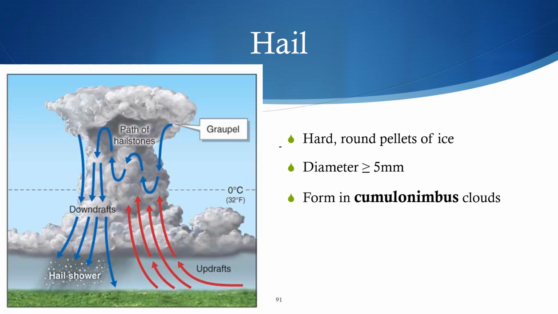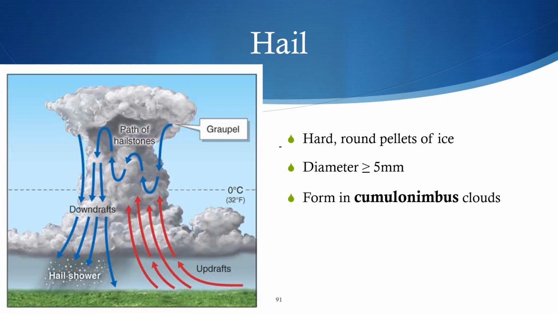What happens with hail is we get these little round pellets of ice called graupel in that upper level. The graupel collects until it gets really heavy, and then gravity kicks in and it starts to fall down through that cold portion of the cloud, through that mixed phase portion of the cloud, where it's between 0 degrees Celsius and negative 15.